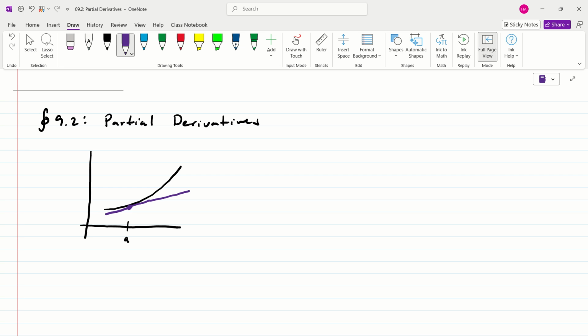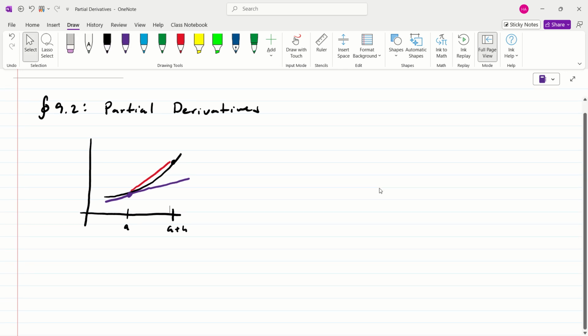To get things started, you said, let's go a little bit to the right, h units to the right, and consider this other point. And you were going to consider the slope of this secant line, and the idea was that the slope of this red secant line was a good approximation to the slope of your tangent line.